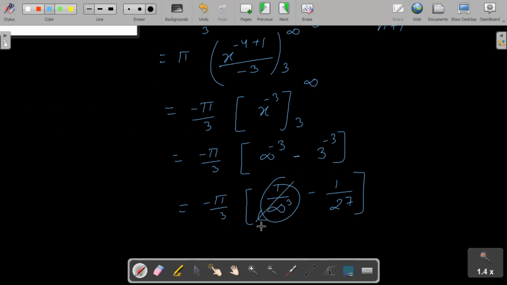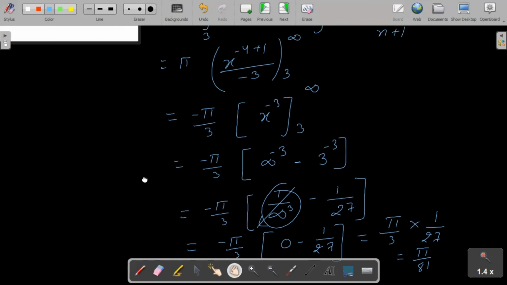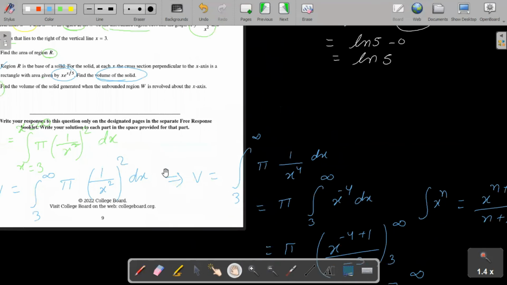So 1 upon infinity is 0. We can approximate it. Minus pi by 3 into 0 minus 1 by 27. So after multiplying this, we will get pi by 3 into 1 by 27, and we will get pi upon 81, right? So this will be the volume of this unbounded region W revolved about the x-axis.